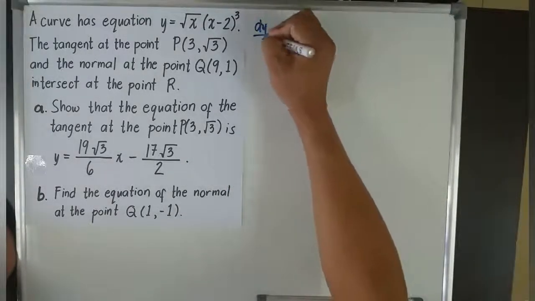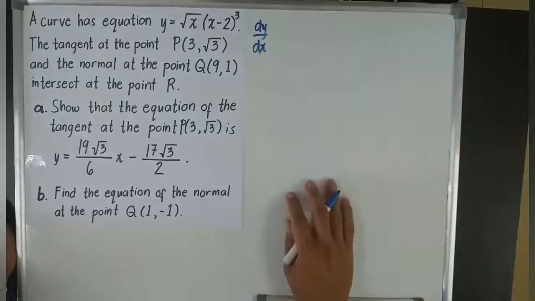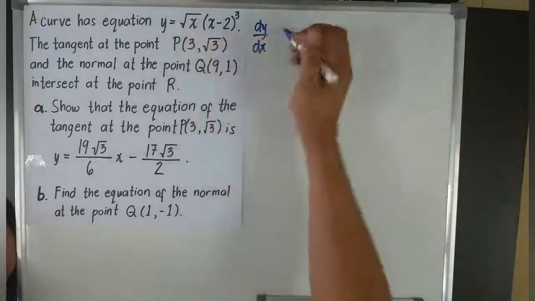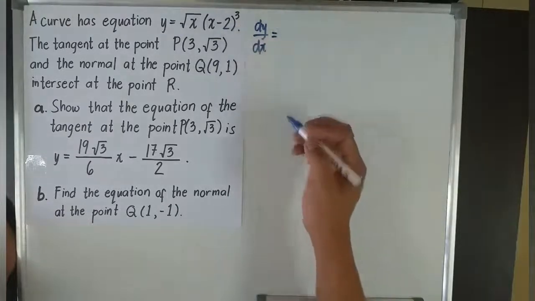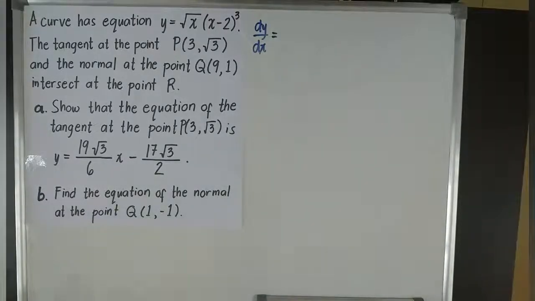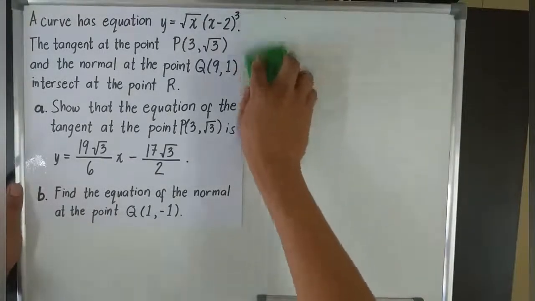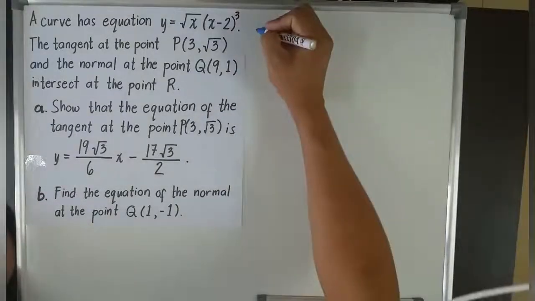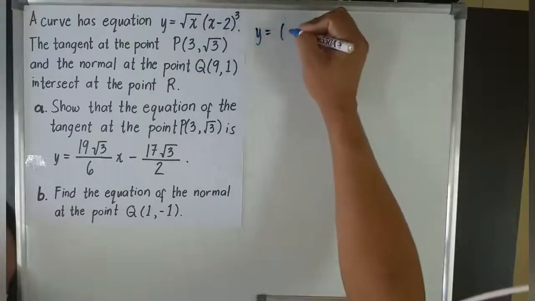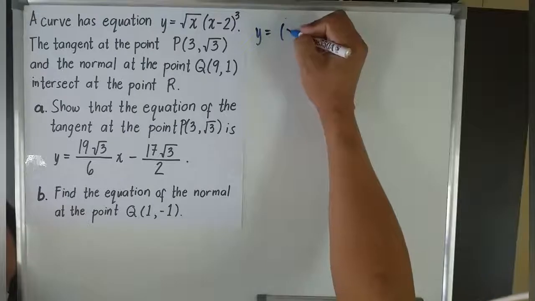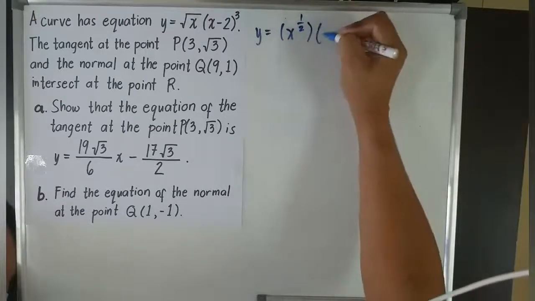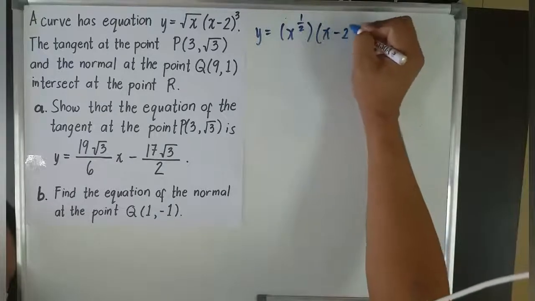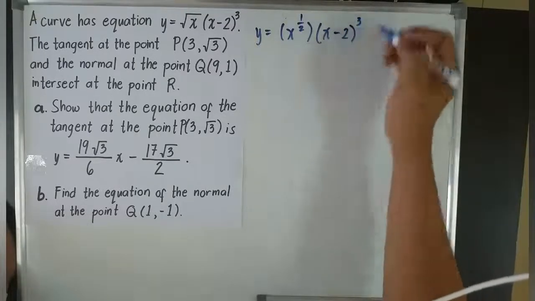dy over dx. Remember, you take a look at this, it is equivalent to d over dx of, let's not change it to dy over dx yet, so that you don't get confused. y is equal to bracket x to the power of 1 over 2, then x minus 2, the quantity of that to the power of 3.